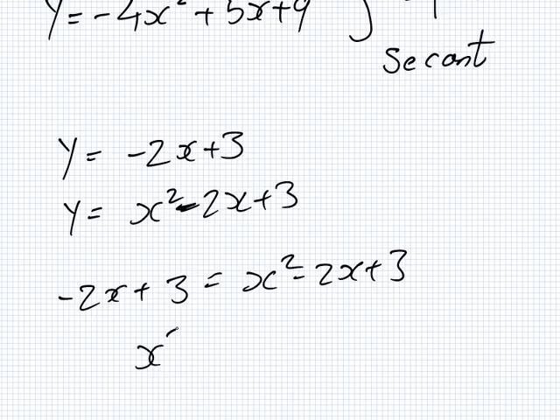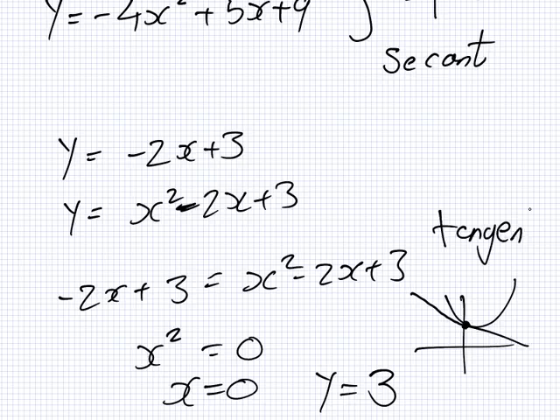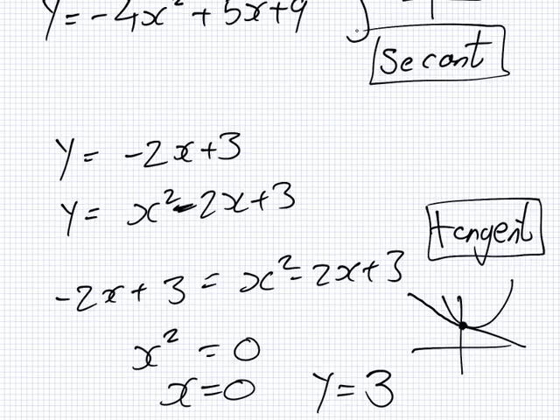Well, actually, the 3's cancel, and the minus 2x is cancelled, so we get x squared equals 0. So what does x equal? 0, and what would y equal? 3. So this line meets the quadratic only once. And this time we call this a tangent line. So tangent is when it meets once, and secant is when it meets twice.